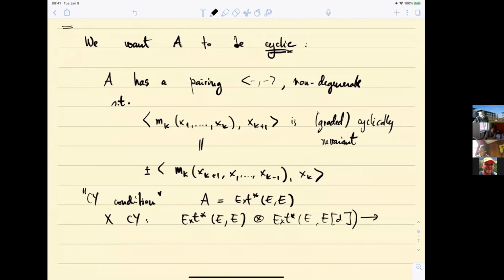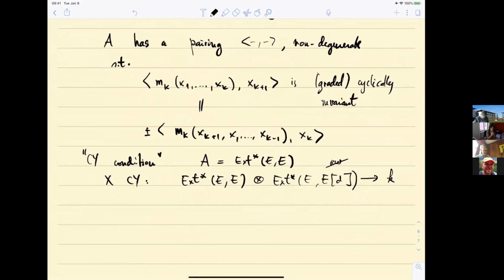Normally, we would have here tensor omega, but because X is Calabi-Yau, this tensor with omega goes away. So this is the pairing, and we know that because of its very construction, at least for the usual Yoneda multiplication on X, this cyclicity condition holds.